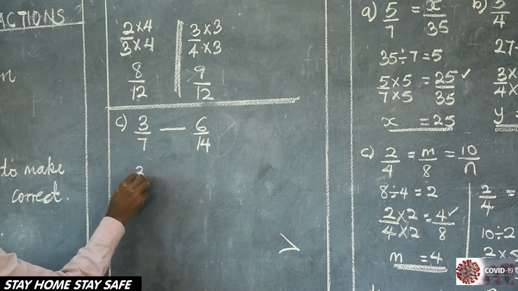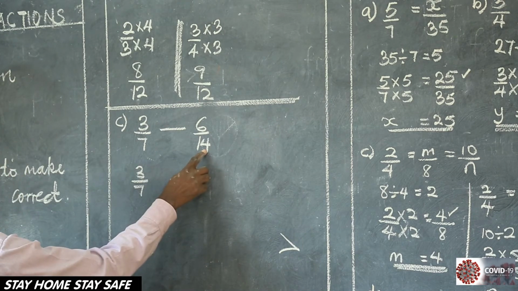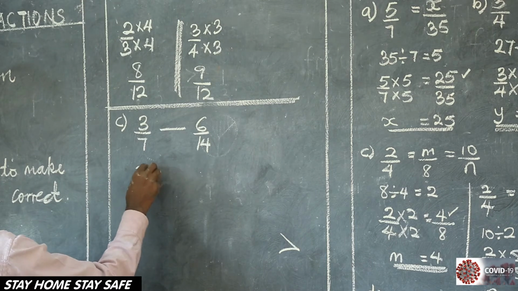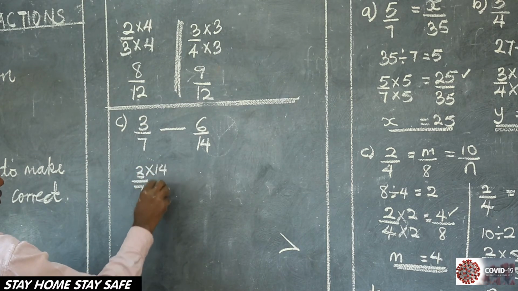So we shall have 3 out of 7. Then we multiply it by the denominator of the other fraction, which is 14. So we shall say times 14.